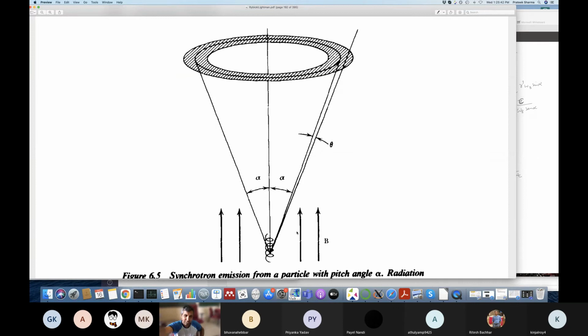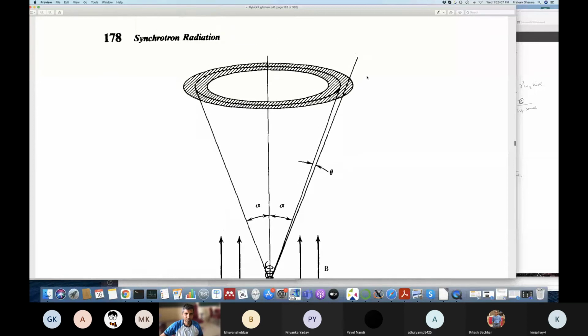If you're here, you're seeing the particle when it is beaming towards you. When you're at another point, some other location of the particle will be directly beamed at that point. So this is axisymmetric in this angle.